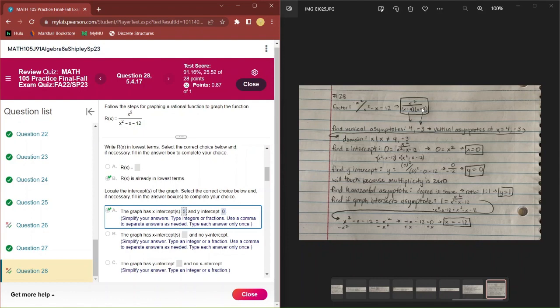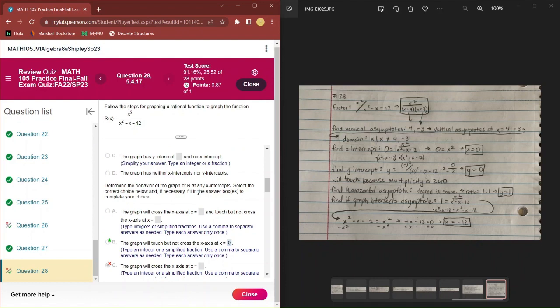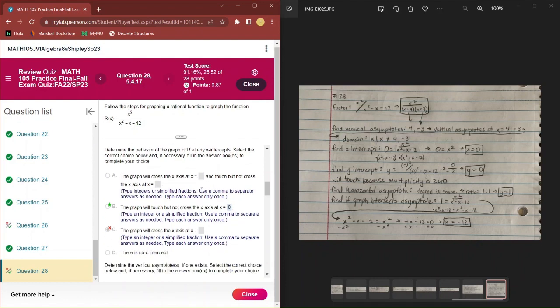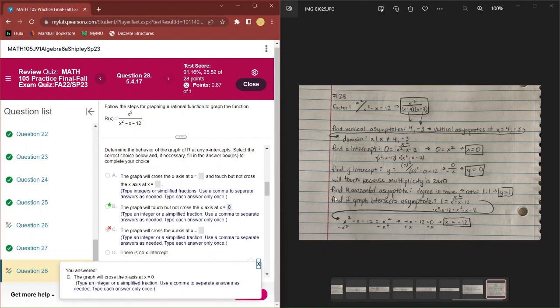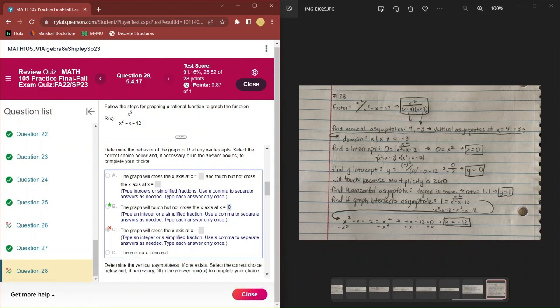Like there's no x in the bottom part. So the multiplicity would be 0, and 0 is technically an even number. And the rule is that if it's even, it'll touch but not cross, but if it's odd, it will cross. So if there was an x in front of x minus 4, x plus 3, then the multiplicity would be 1, and it would cross the x-axis.